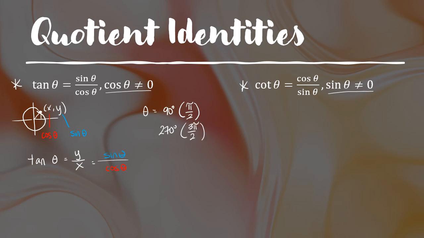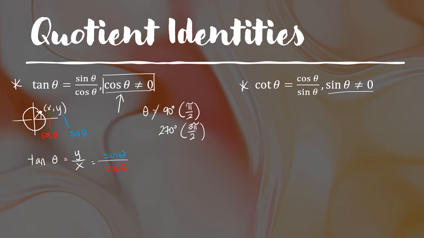So technically saying theta can't be 90 degrees or 270 degrees or pi over 2 or 3 pi over 2, that could also be considered our domain restriction. However, that is just a little bit messier than simply writing out, don't let cosine of theta be equal to 0. So that is why you'll see this more often, just saying that this function can't be equal to 0. This whole denominator can't be 0, or the whole thing becomes undefined.